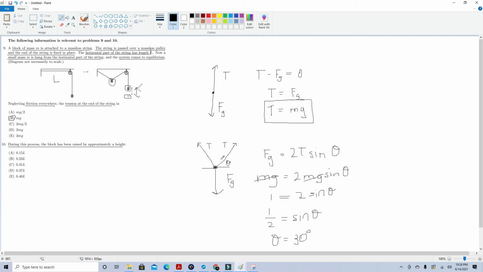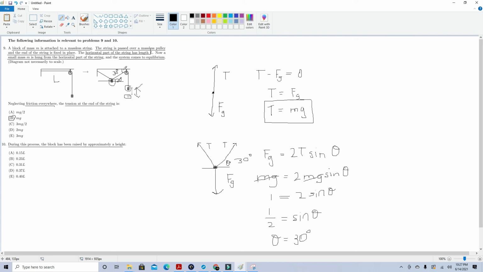So this angle theta from this incline that I drew with respect to gravity force is 30 degrees. If I draw it on the original diagram, just for a better understanding, we know that this angle is 30 degrees. And since this plane I drew is parallel to the ceiling, we also know that this line is 30 degrees.